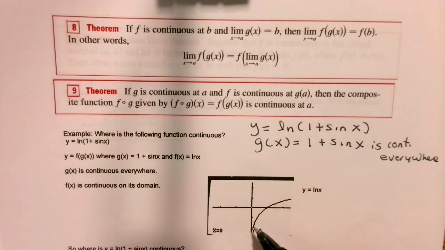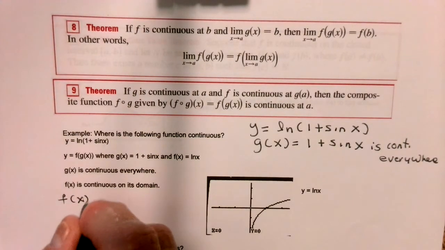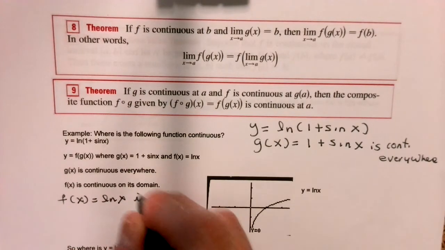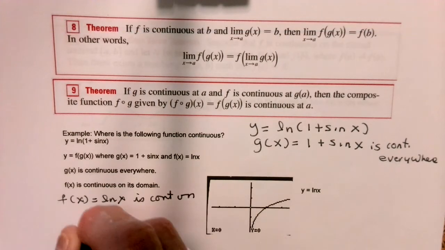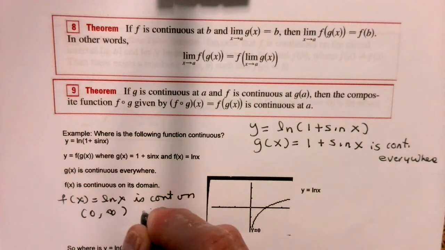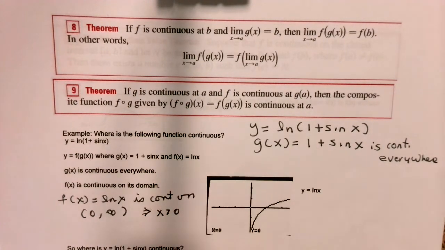As a matter of fact, it's also not continuous at x equals 0. So f of x equals the natural log of x is continuous on 0, not including 0, to infinity, or in other words, x greater than 0.